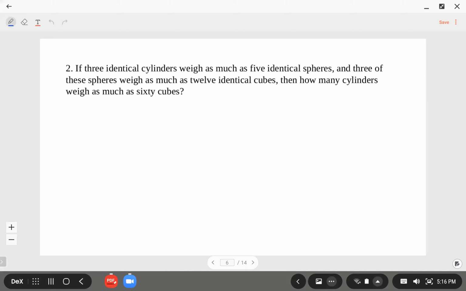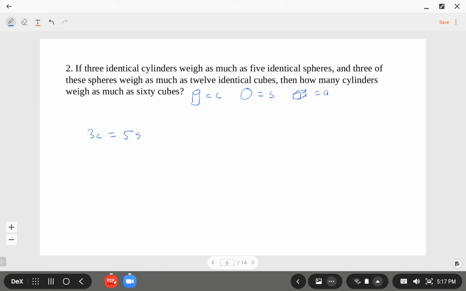How do you do this? Let's give everything a variable. Cylinders, the variable for that is going to be C. Spheres, the variable for that is going to be S. And cubes, let's just do A. All right, so 3C equals 5S, right?